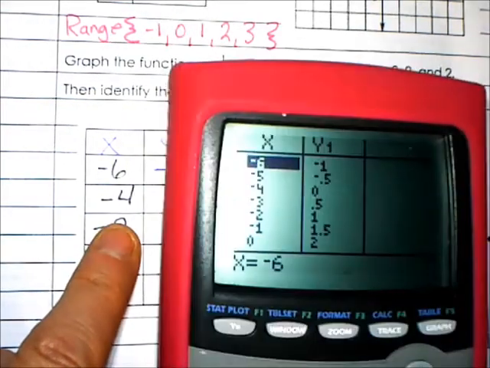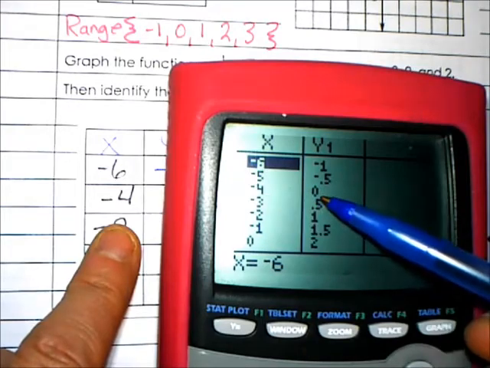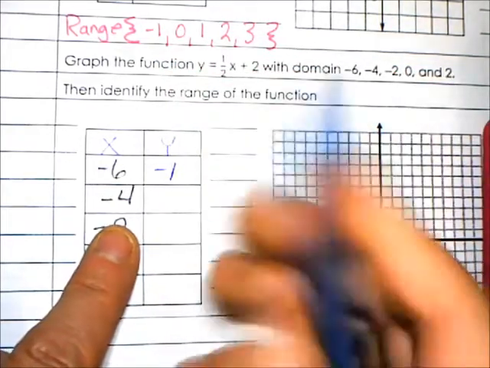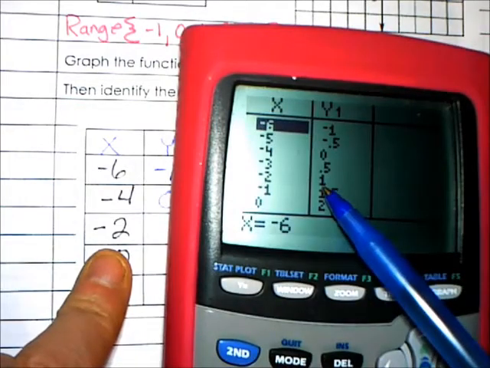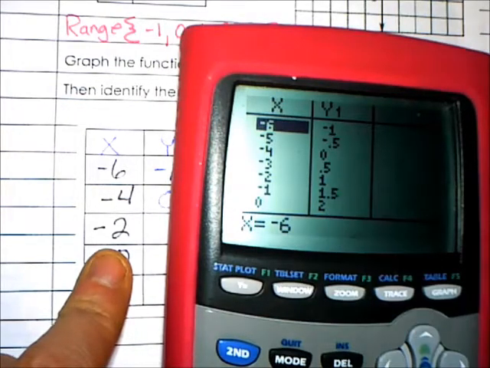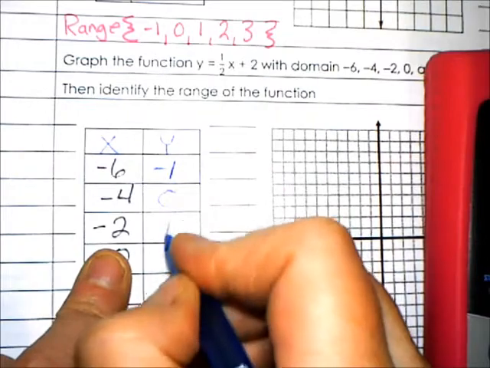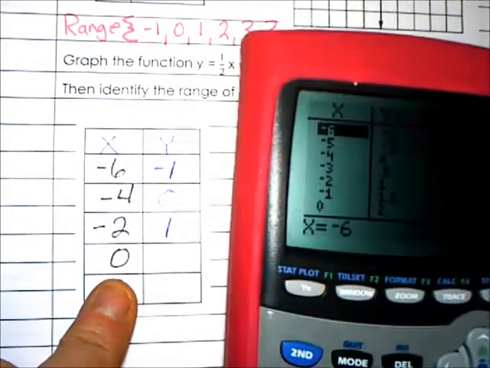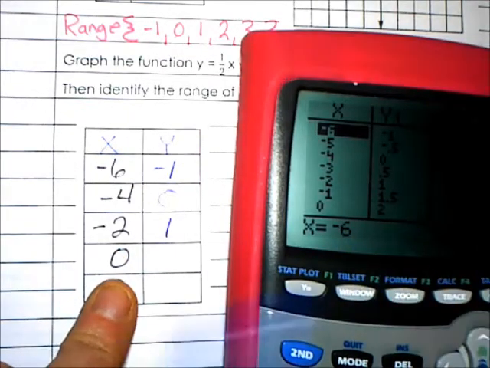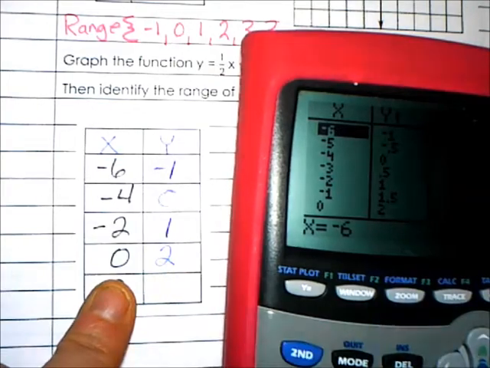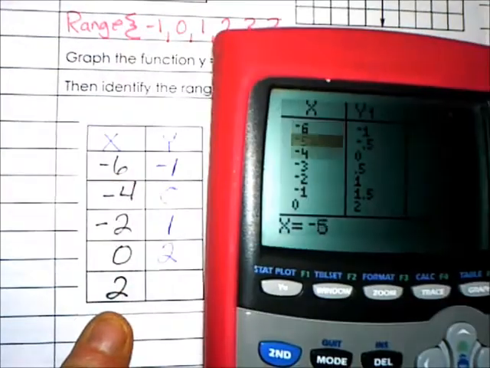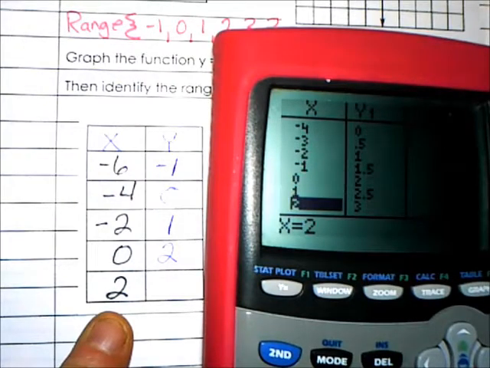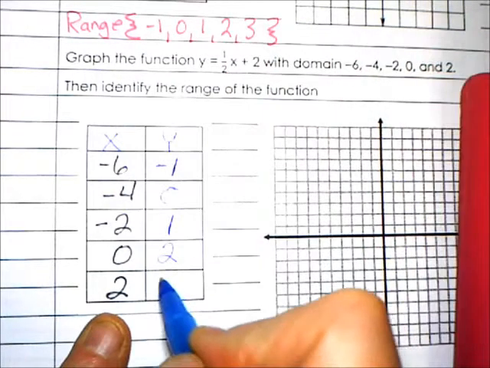Okay, -4 I can see on my screen is 0. -2 is a 1. 0 I can see on my screen is a 2. And then 2, which I can't quite see, I'll move down. 2 is actually a 3.